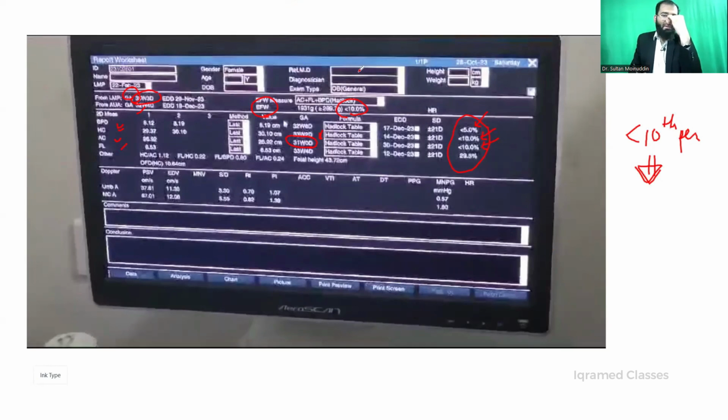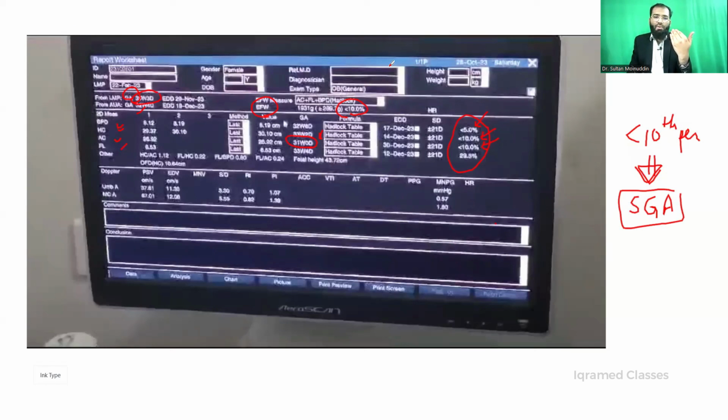Then what's the importance of Doppler? So always remember, less than 10 percentile is SGA. Very good. A few of you have given correct answers. Yes, less than 10 percentile is SGA.